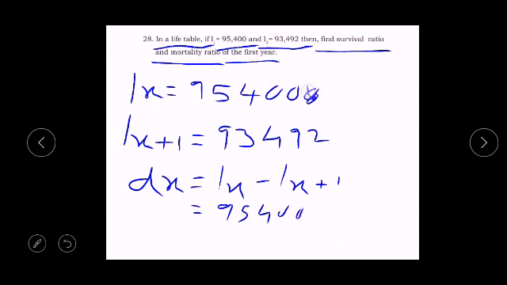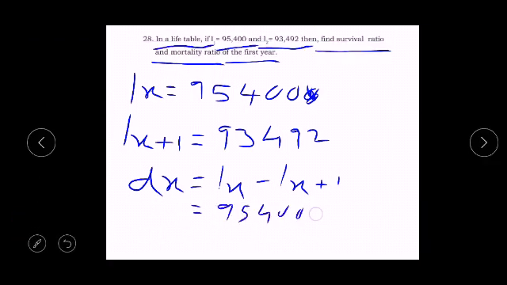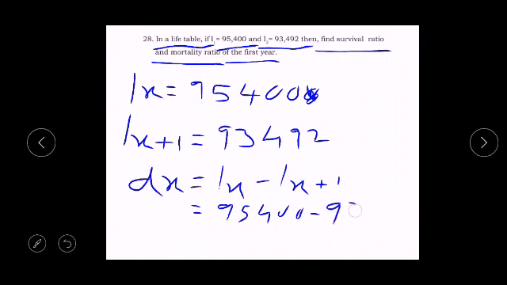Sorry, I have taken here by mistake one 0 extra. So 95,400 minus 93,492. So dx is equal to 1908.